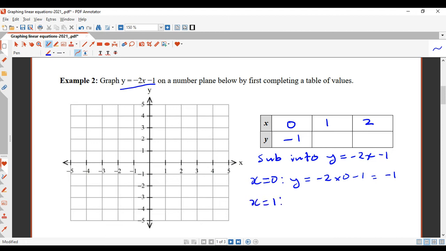I'm going to put in x equals 1. So that becomes 2 times 1 minus 1. Put that into your calculator. That's going to give you 1. And then x equals 2.